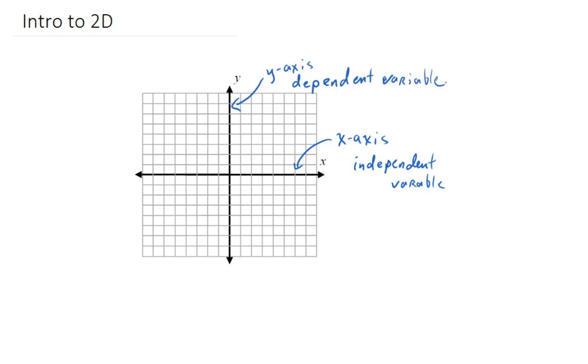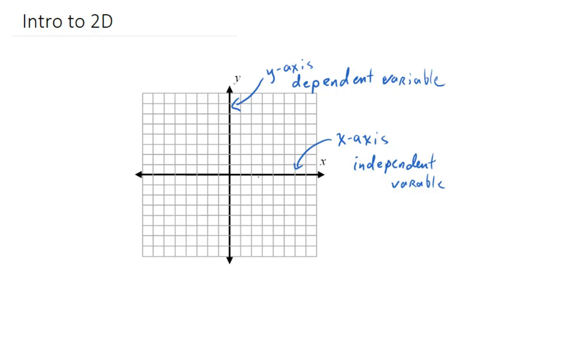I'll talk more about what's meant by the independent and the dependent variable in a second. But for now, just note that the independent is on the horizontal axis, and the dependent is on the vertical axis.